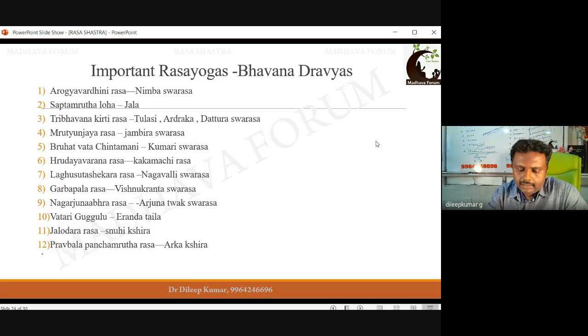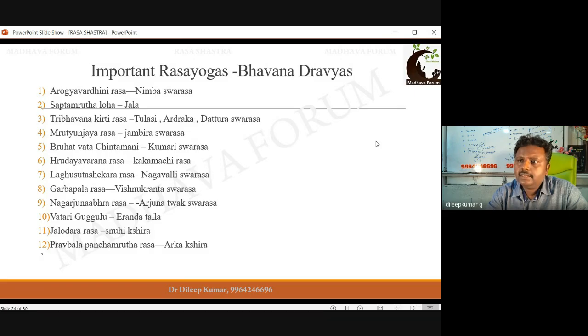All the Rasashastra medicines are used in minimum doses. The main benefit of Rasashastra is that we use small matras. If you advise Churna, it is 12 grams. Kashayas, 48 ml. Lehyas, 10 to 20, up to 48 grams also we can use.